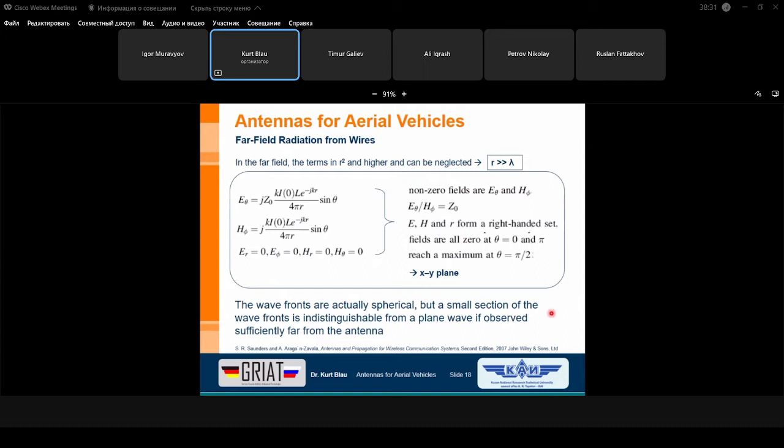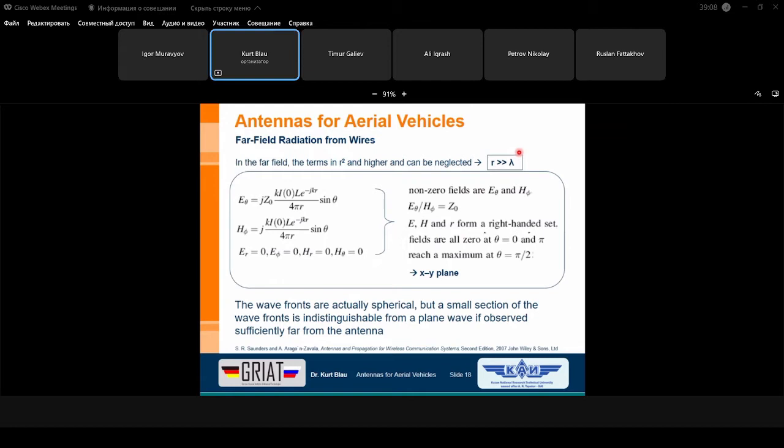Then you need a special reflector, you need a special power of this lamp, and so on and so on. And similar problems we have also in designing an antenna, and this is our topic. But first of all, we have to understand what happens in principle, based on the radiating mechanism. As I mentioned already, in the far field the terms in r squared and higher, or cubic, can be neglected.